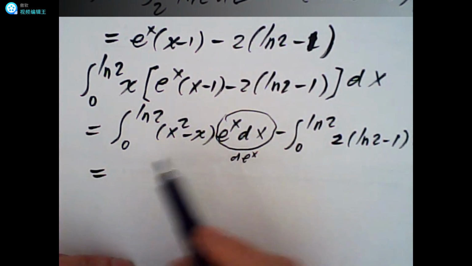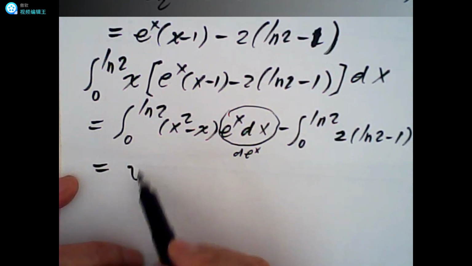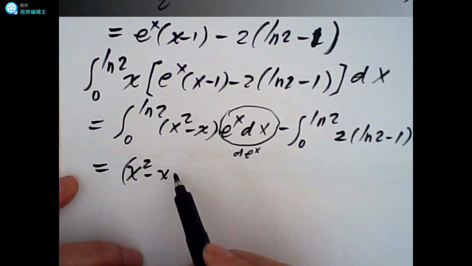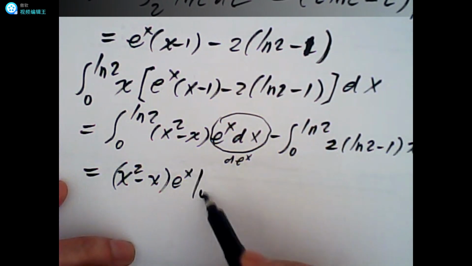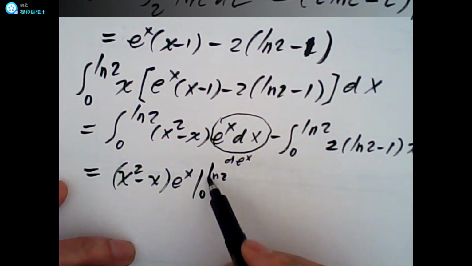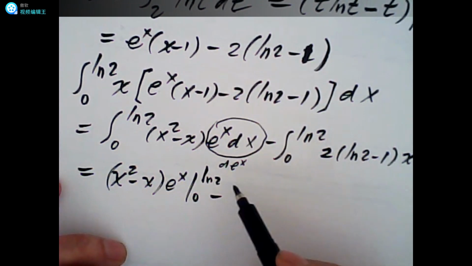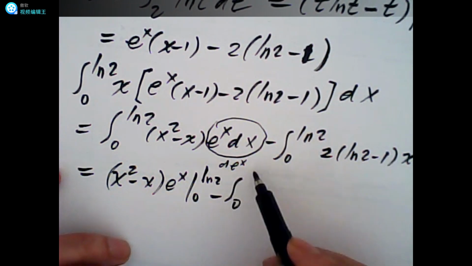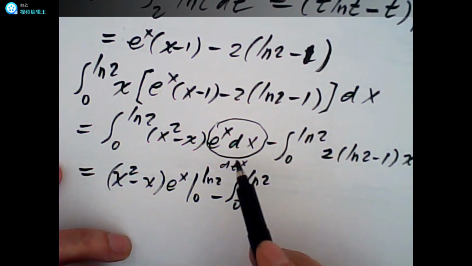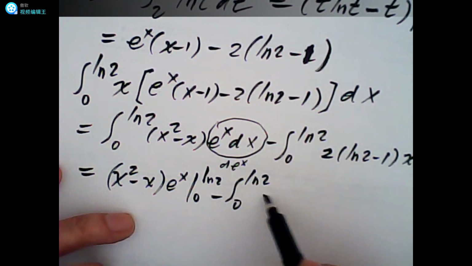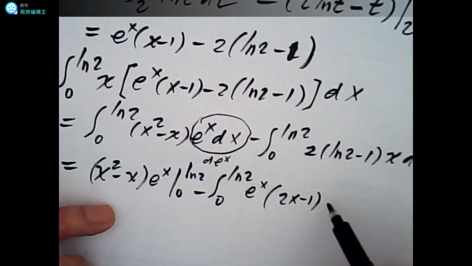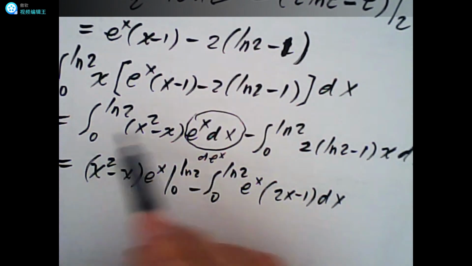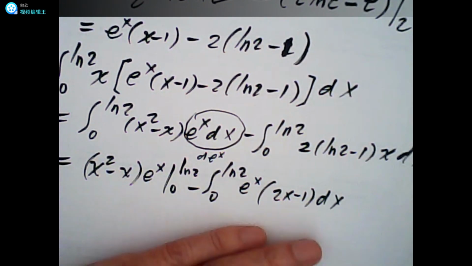So this is (x squared minus x) times e to the x from 0 to log 2, minus the integral from 0 to log 2 of v du. V is this, and du is the derivative of this one, which is 2x minus 1 dx. Okay, that takes care of this one.